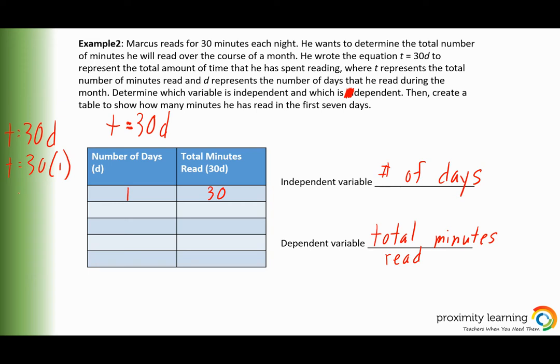What if, instead of 1, I put a 2, for 2 days? So in 2 days, 30 times 2 should be 60. So in 2 days, Marcus should have read 60 minutes.